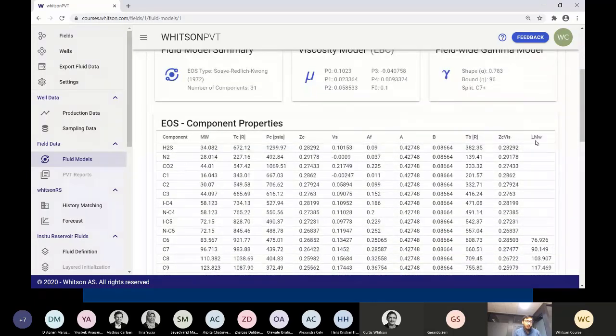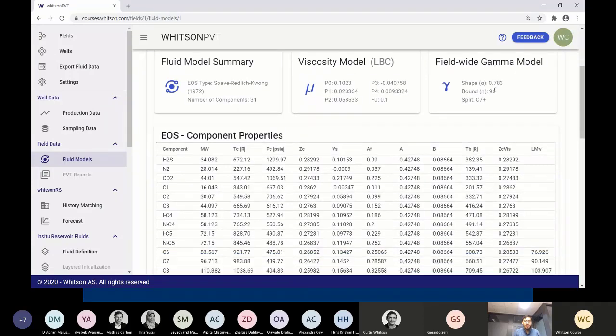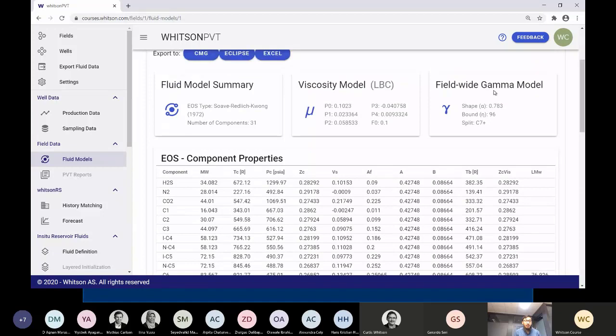And then these L and Ws, these are the lower molecular weights. And we have also gone through this in connection with the field-wide gamma distribution model, where we said that if you have the three parameters, the shape factor, the bound, and the average molecular weight, which is not shown here because it's a sample property. So it's different from one sample to another.